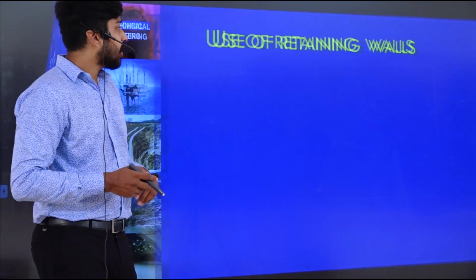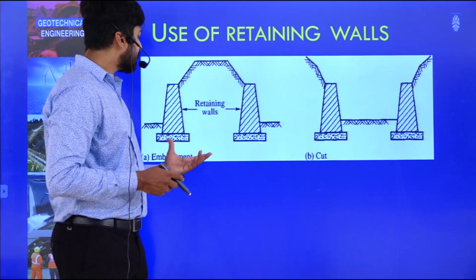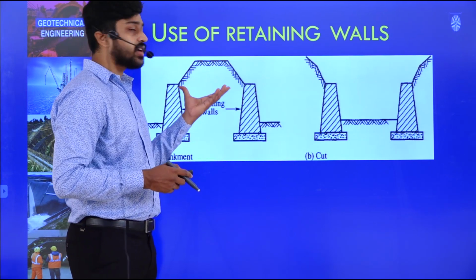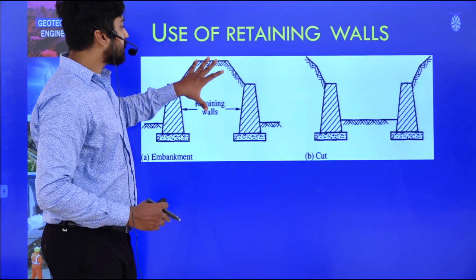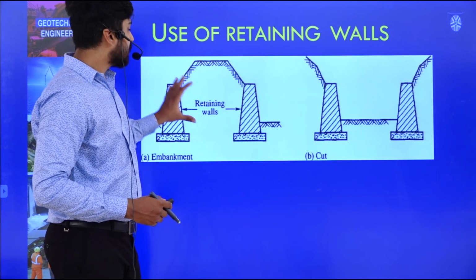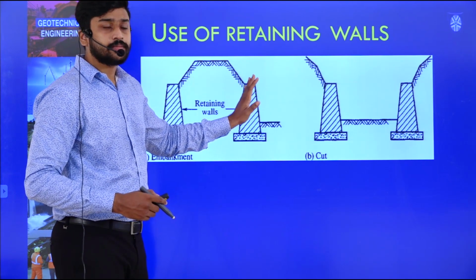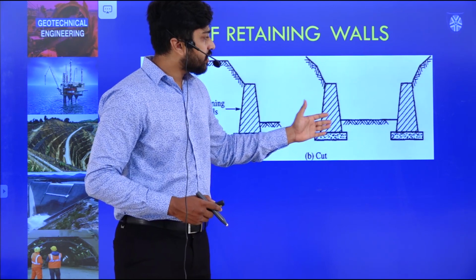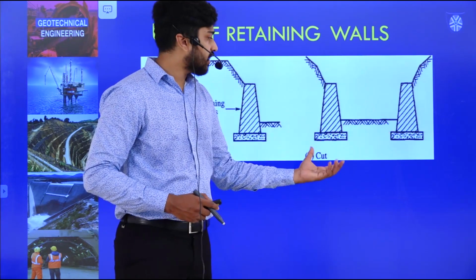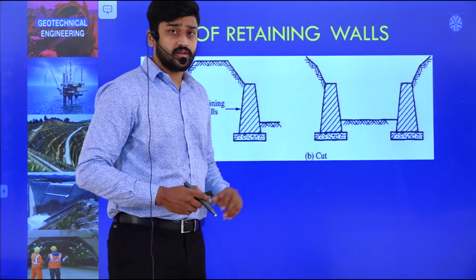Now coming to the uses of retaining walls. If you look at this, this is an embankment construction, so retaining walls are used here, and the embankment is supported so that the soil in this region does not move laterally. If there is a cut made into a hillside, then also a retaining wall is required so that it doesn't have any slope failure.